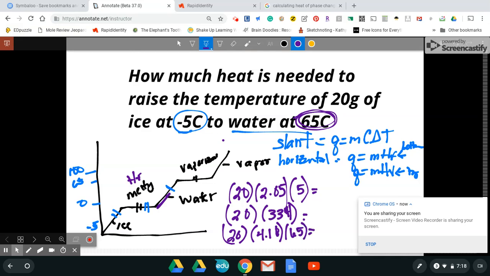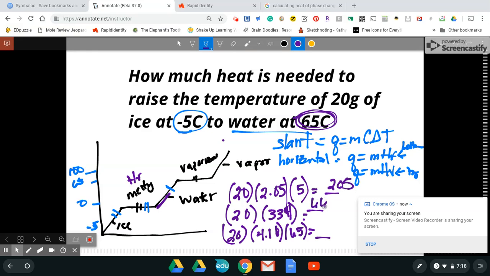So when you get all these and calculate this up, okay, let's see, let me do this real quick. 20 times 2.05 times 5. Right, this is 205.